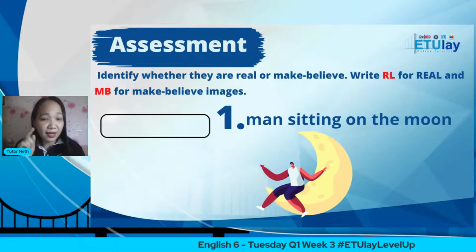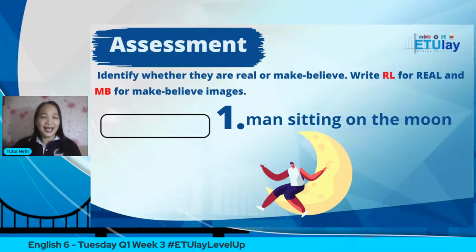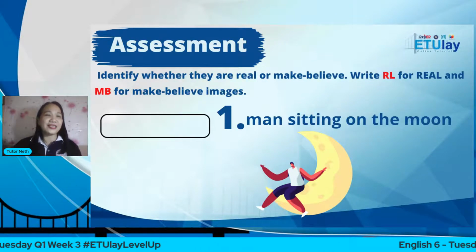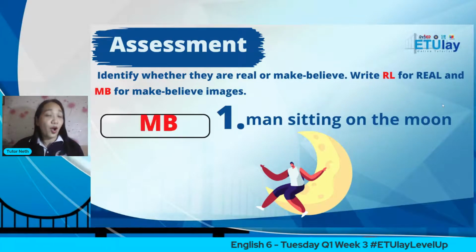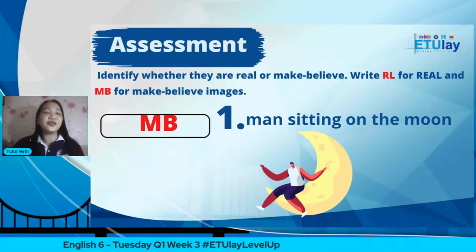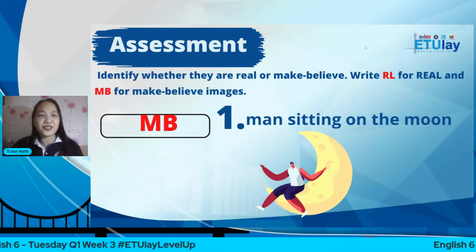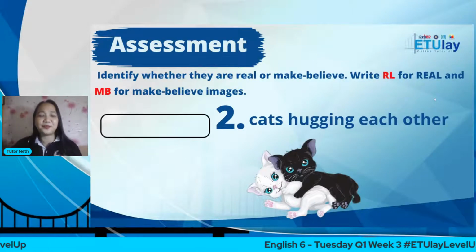Tristan, MB. Lara Jane, MB. A lot of you are answering. Let us see our correct answer. All right, very good. For those who answered MB, your answer is correct.